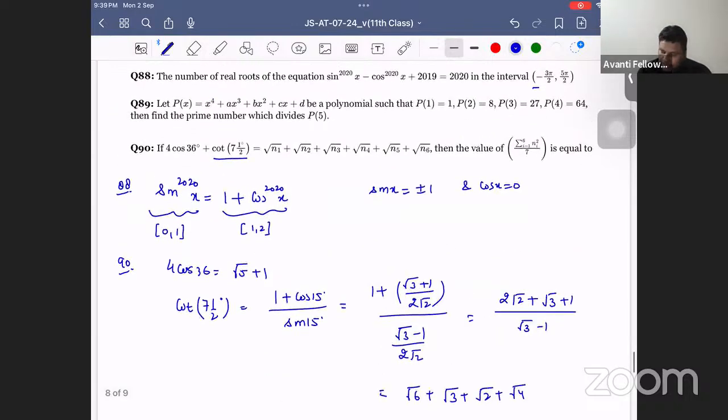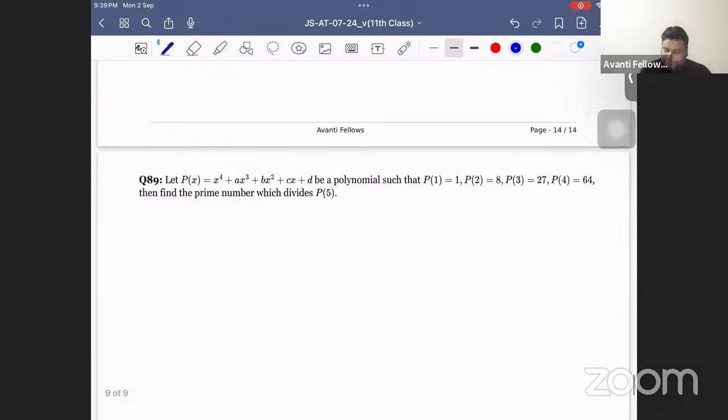All right. Now see question number 89. Very good question. They are saying basically P(x) is a 4th degree polynomial, where P(1) is 1, P(2) 8, P(3) 27, P(4) 64.